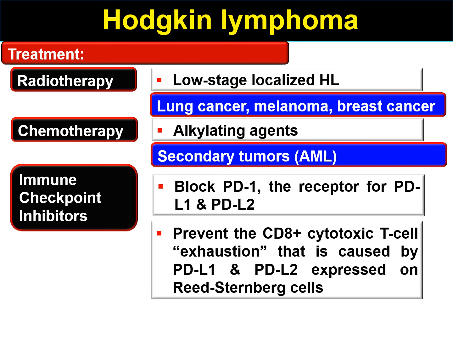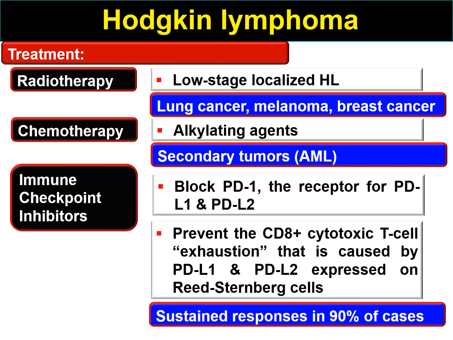Recently, immune checkpoint inhibitors have been used for the treatment of Hodgkin lymphoma, and they basically block PD-1, the receptor for PD ligand 1 and programmed death ligand 2. They prevent the CD8 cytotoxic T cell exhaustion that is caused by expression of the PD ligand on the Reed-Sternberg cell.